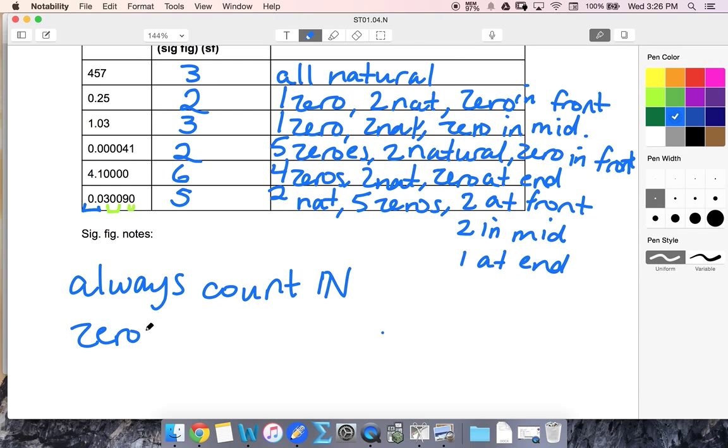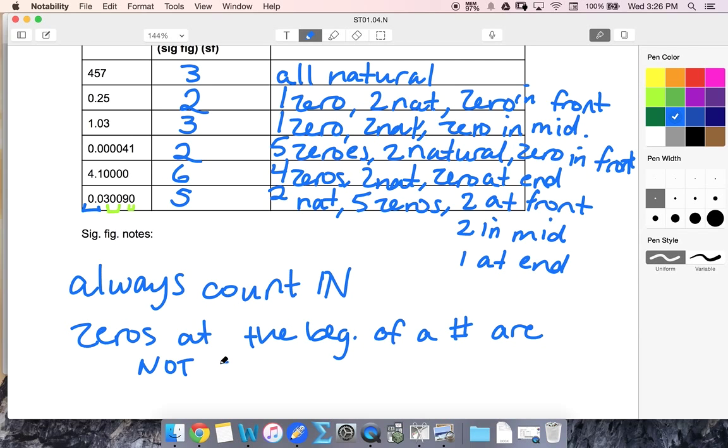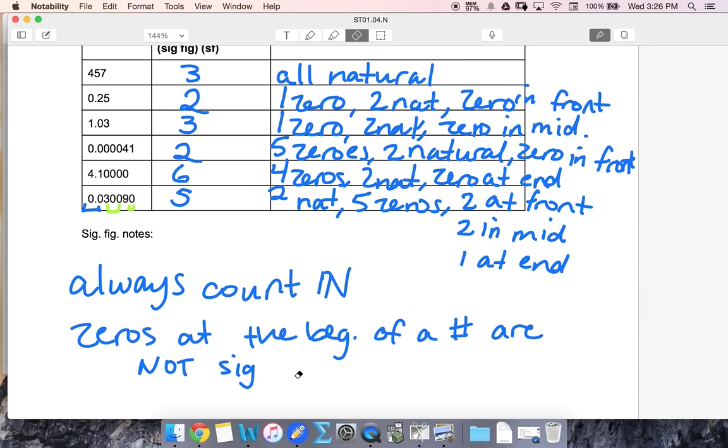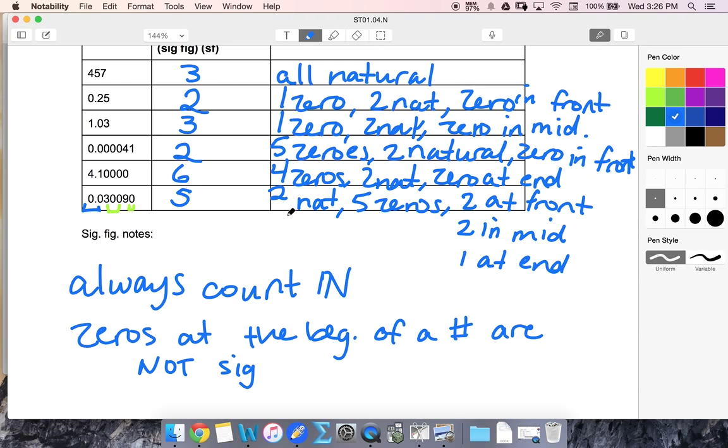Zeros at the beginning of a number, well, as we can see here, zeros at the beginning, I can see that here and here, are not significant. And normally we abbreviate significant figures as sig fig. So these are not significant figures.